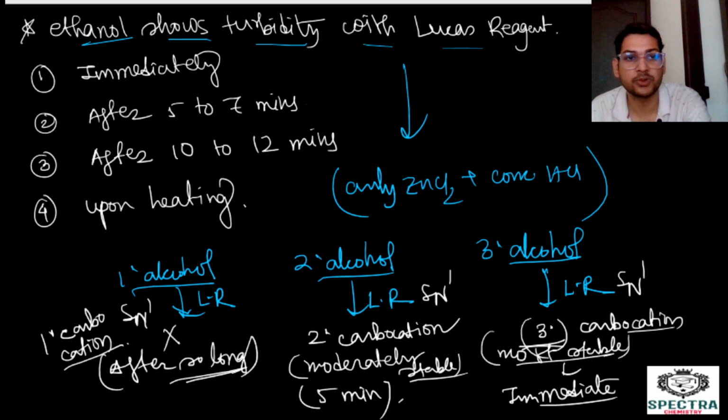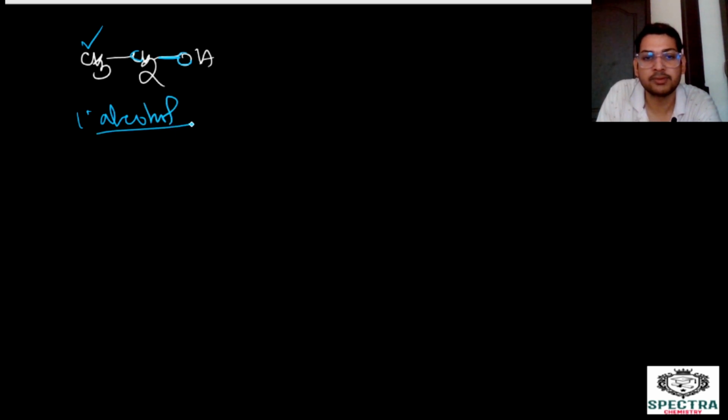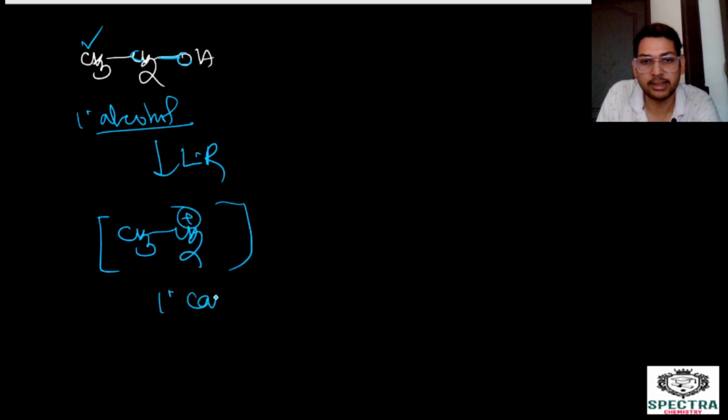And sir, what is this question? This question is about ethanol. Ethanol means CH3CH2OH. Okay, sir, the carbon having the OH group is directly bonded to one carbon, so that is 1-degree alcohol. From here if you do Lucas reagent, you will get CH3CH2+, 1-degree carbocation, and that is not stable.